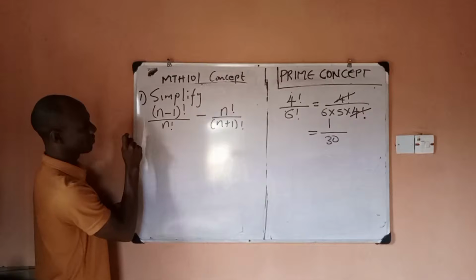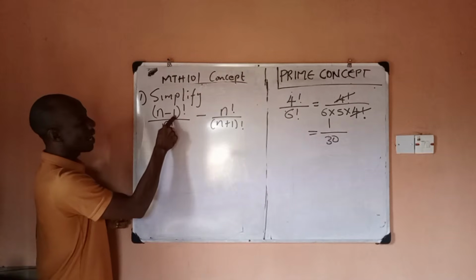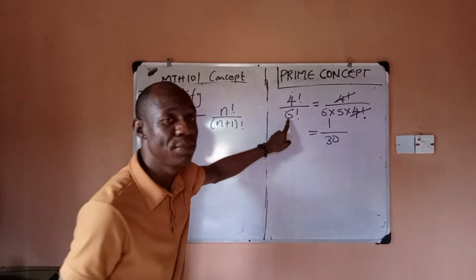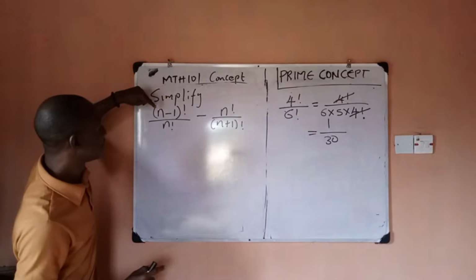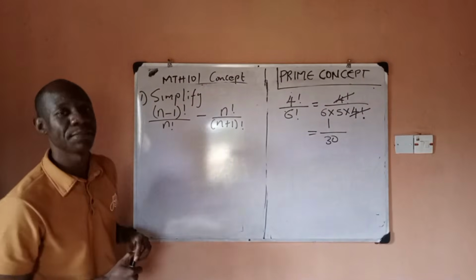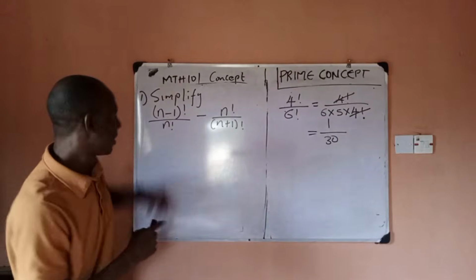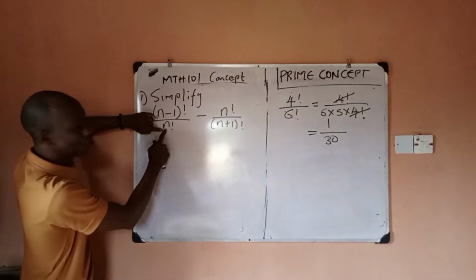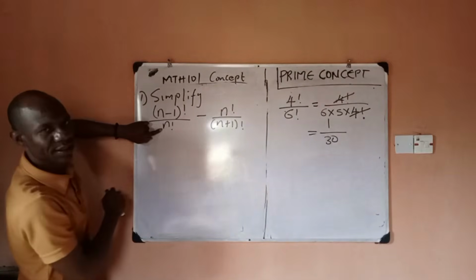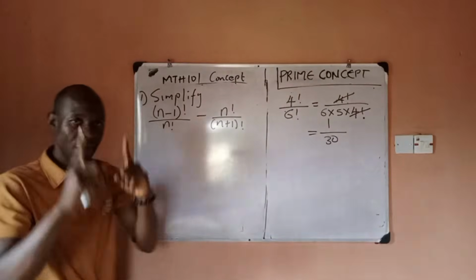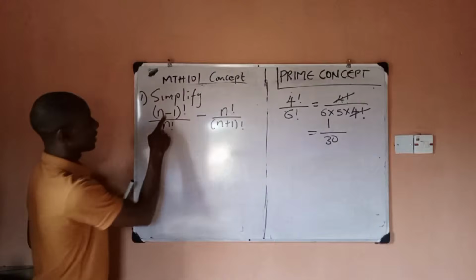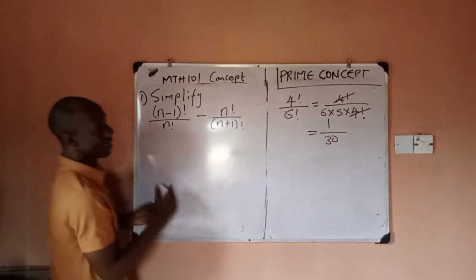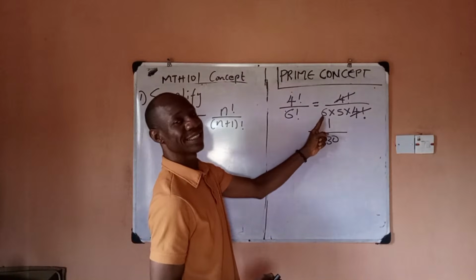Now ask yourself, n minus 1 and n, which one is bigger? Remember, in factorial, you expand the bigger one. Imagine that you have n and you are removing 1 from n, and you have n, you did not remove anything. Which one is bigger? This n is bigger than n minus 1. So this is the one I'm going to expand. And how do you expand n? Remember, if you want to expand 6, you first write 6.